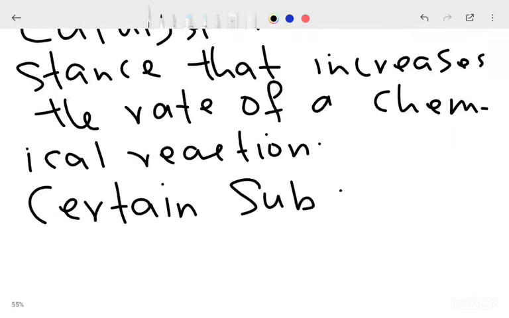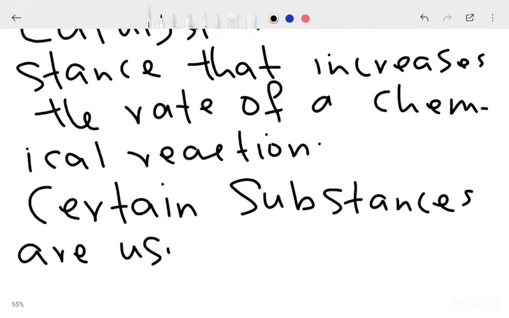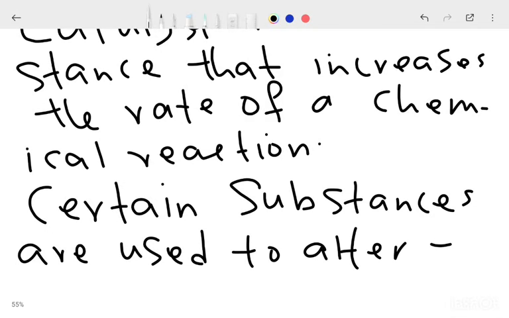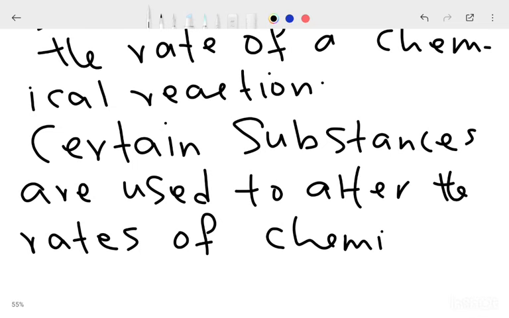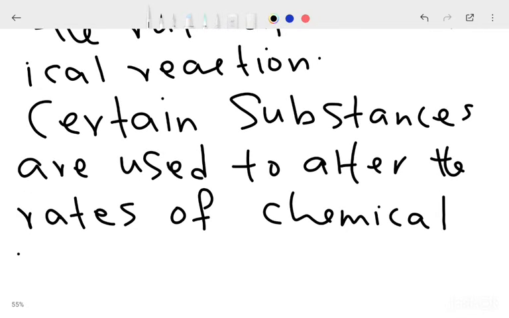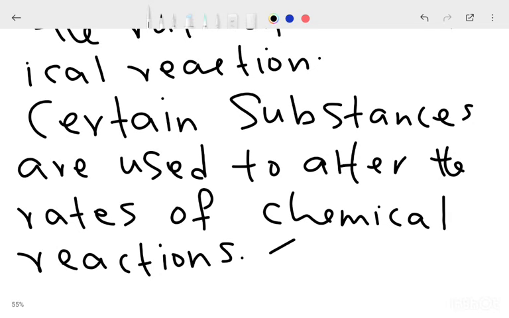Certain substances are used to alter the rate of chemical reactions. Okay, the rate of chemical reactions, full stop, then write.